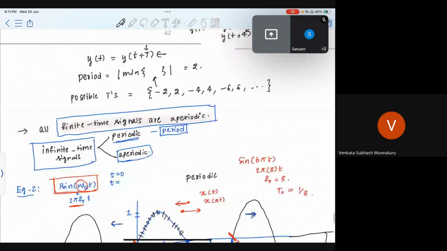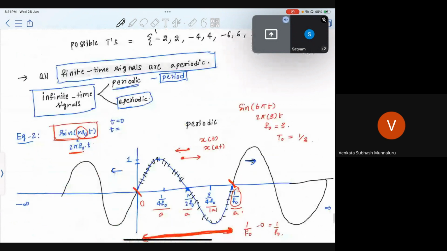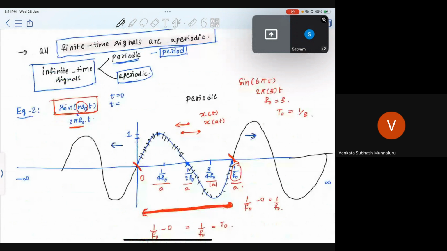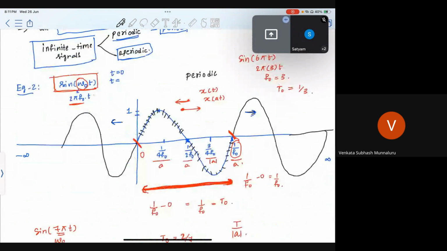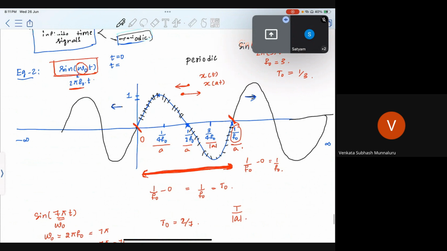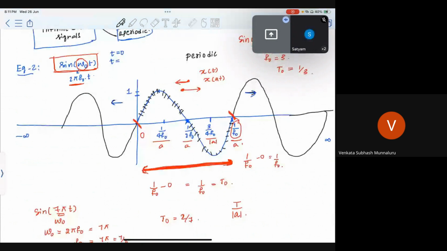We have also seen the sine omega naught t signal. We saw how it is periodic, and we derived the fundamental period. If the signal given to you is sine omega naught t, in other words sine 2 pi f naught t, then the fundamental period is 1 by f naught.